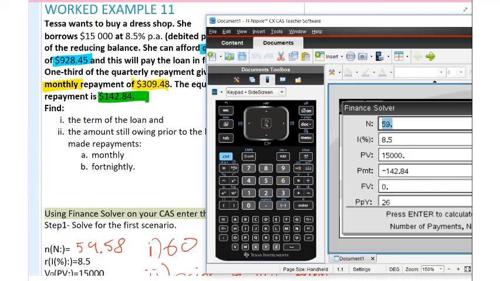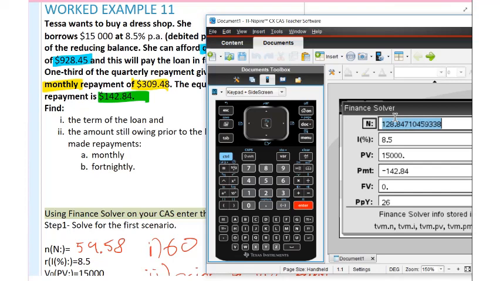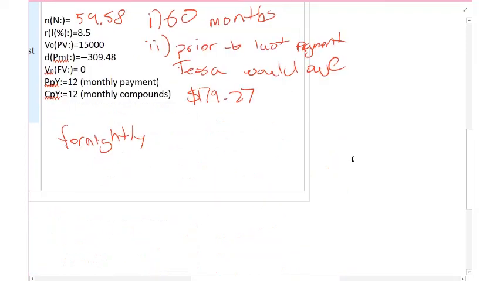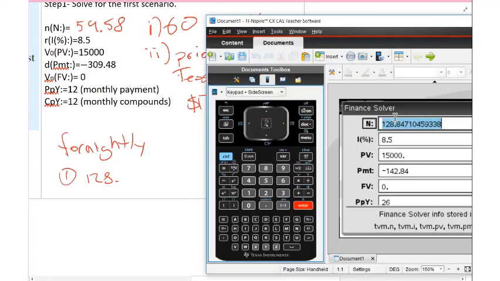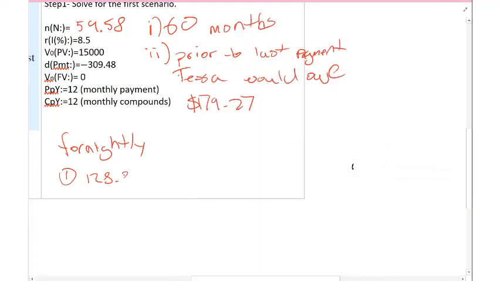I want to go back to N, and I go enter. I can see that it's 128.85 fortnightly payments.